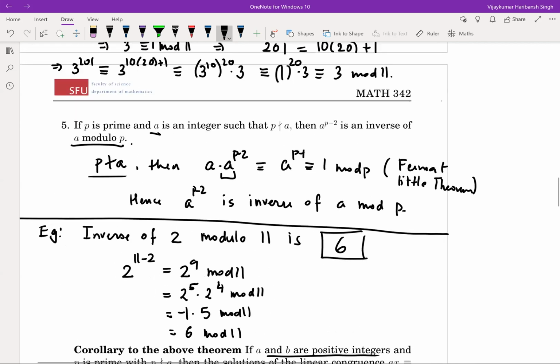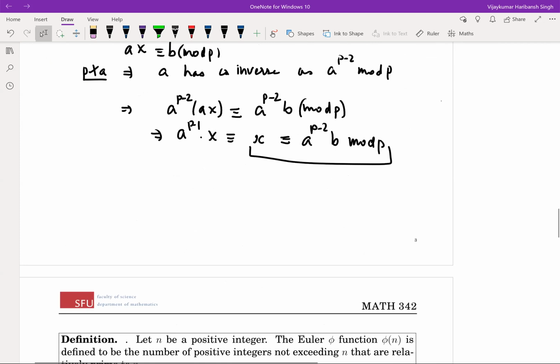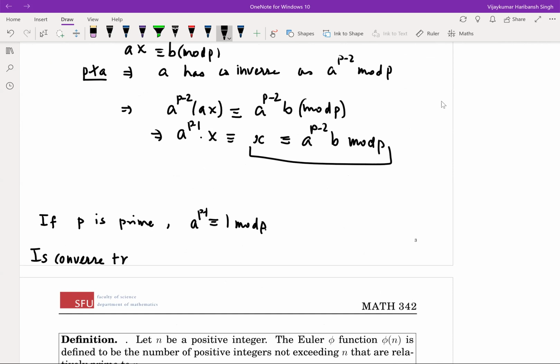So now, if p is prime, we have already seen that a to the power p minus 1 is congruent to 1 mod p. So is the converse of this statement true? That is, if a to the power p minus 1 is congruent to 1 mod p, is p a prime?